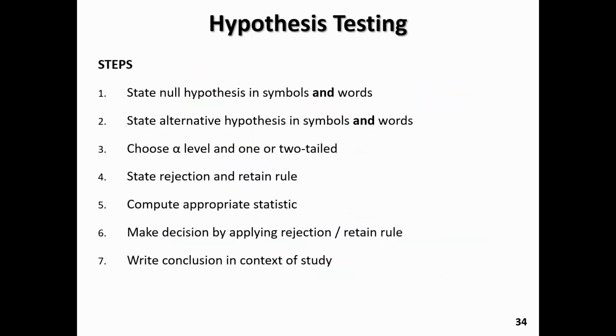And so just to recap the steps involved with hypothesis testing related to a research study, the first step is to always state the null hypothesis in symbols. Oftentimes we would follow that up in words with a sentence, and so that would state with our previous example that the null hypothesis states that there will be no significant difference in salary between the average Toronto Raptors player and the entire league.